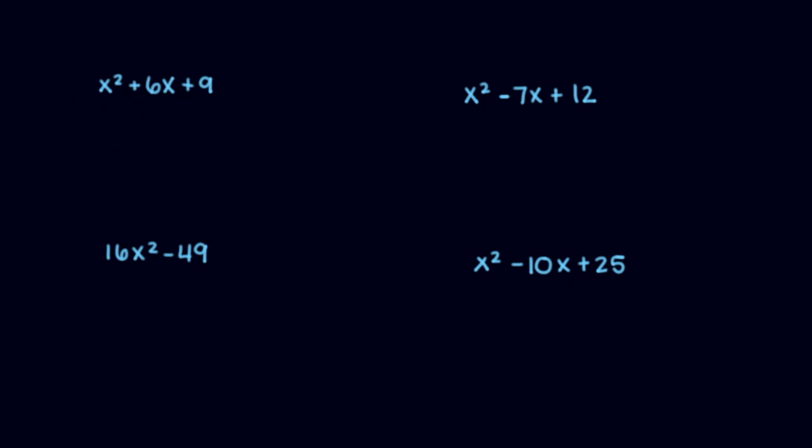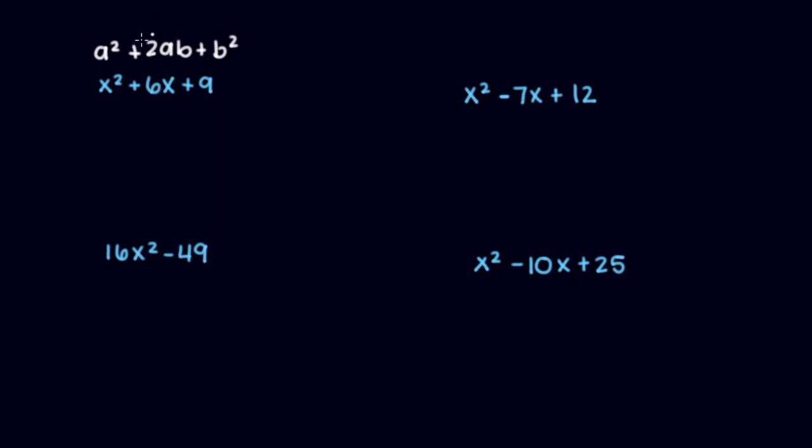In this first expression, we have x squared plus 6x plus 9. If we try the perfect square trinomial of a squared plus 2ab plus b squared, we can see that we have x squared and 9. And 9 is 3 squared.